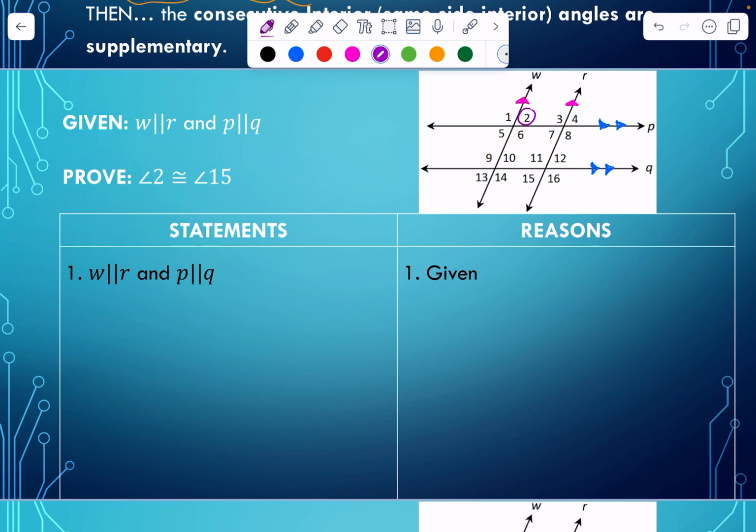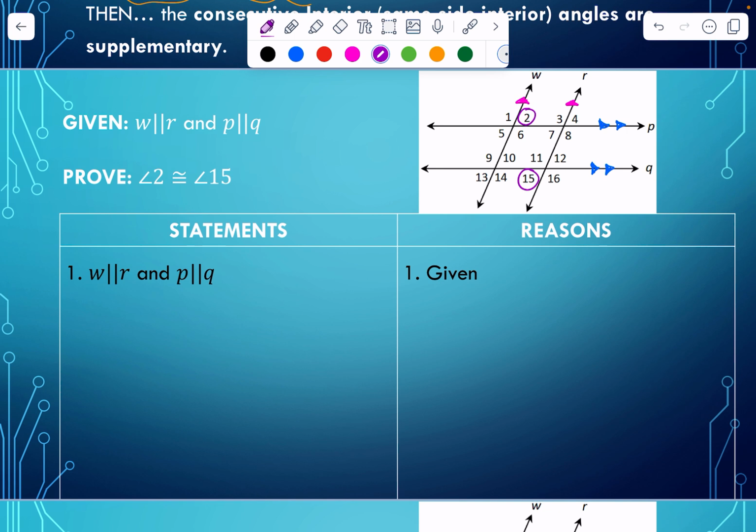Here I am trying to prove that angle 2 and angle 15 are congruent to each other. But when we look at 2 and 15, they have no relationship at all, because you're looking at two completely different sets of parallel lines, two completely different transversals.